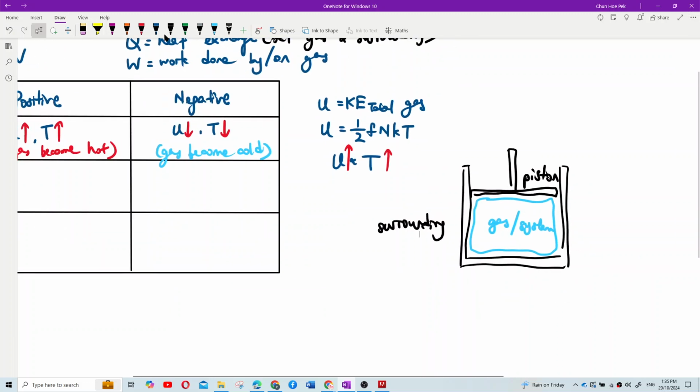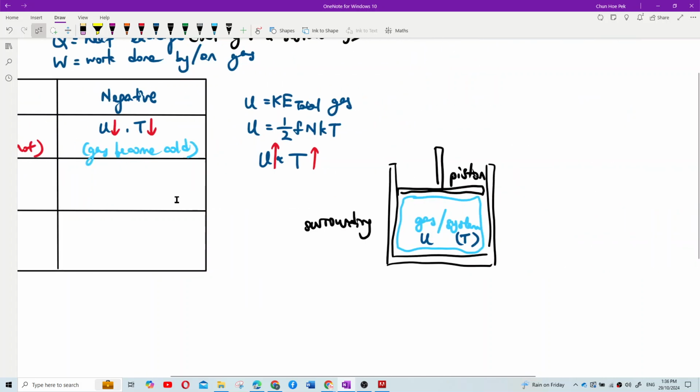Inside the gas we have internal energy, which is related to the temperature. It has its own temperature and its own internal energy. So heat is either heat going in or going out. If heat goes in from surrounding into the gas, that is Q positive.